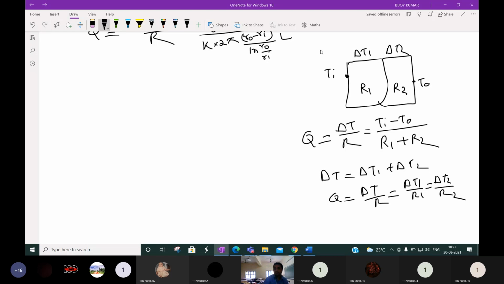Okay, is there any doubt in this plain wall? Because the same derivation will be applied for the composite cylindrical wall. I hope we discussed this many times and we will solve many numericals based on these things.